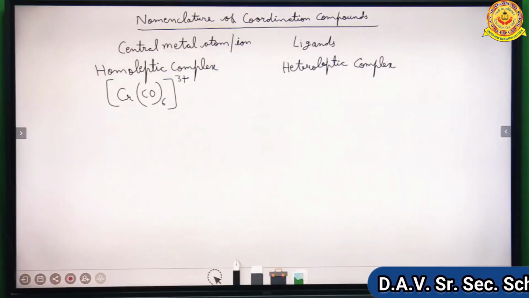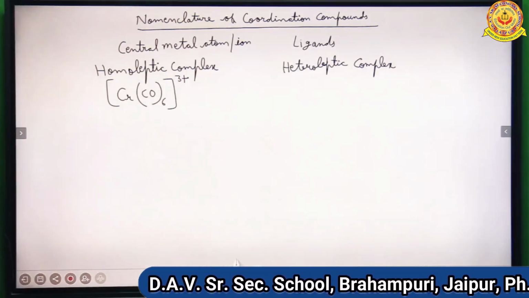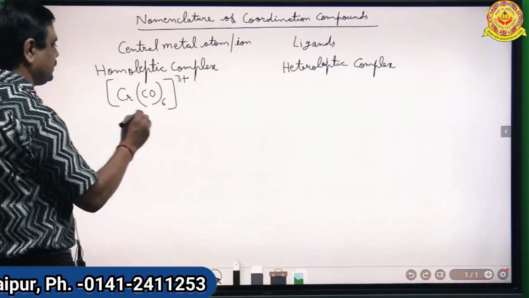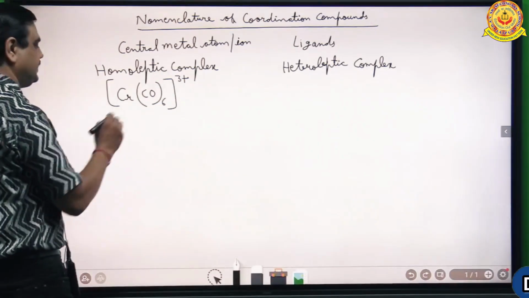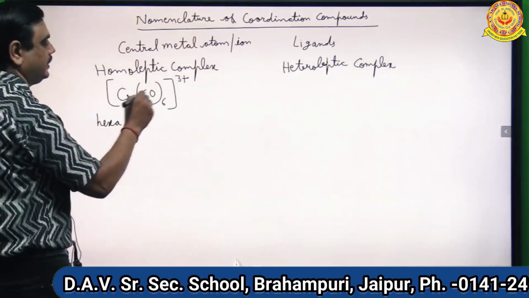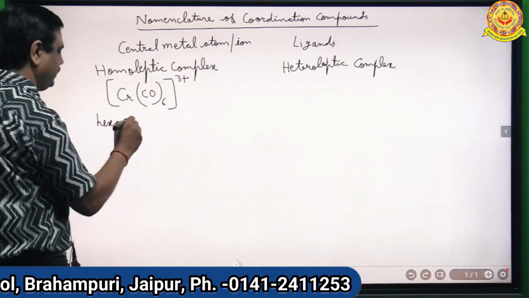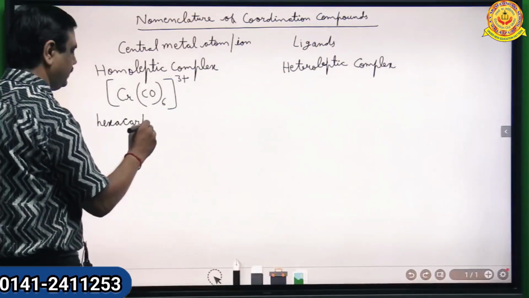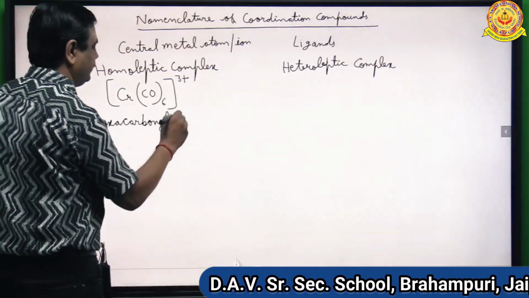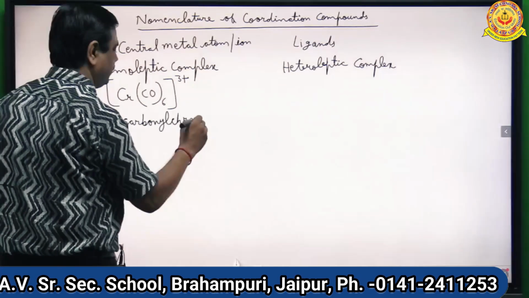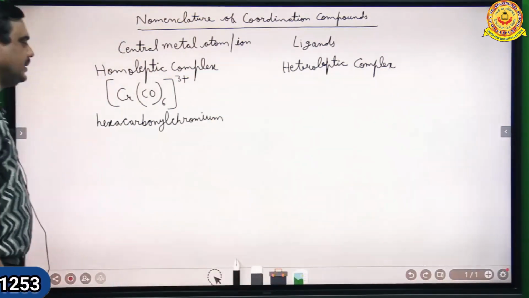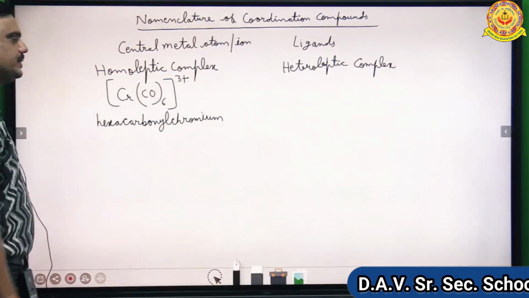Here CO is the ligand. It is called carbonyl. So what should be the name? 6, hexa, carbonyl, chromium. Hexacarbonylchromium, and again the oxidation number.